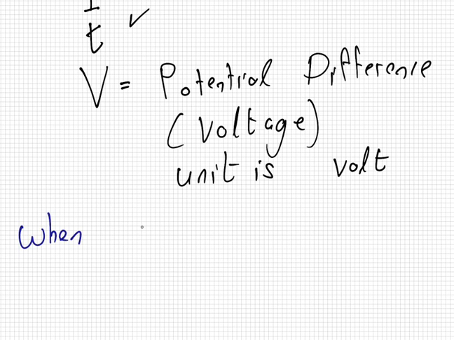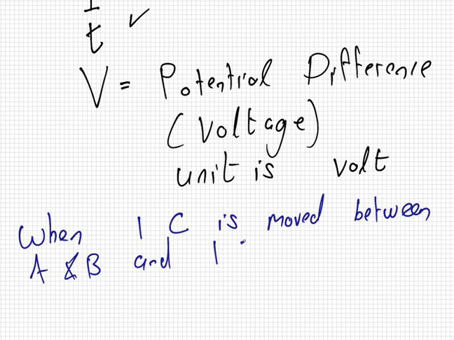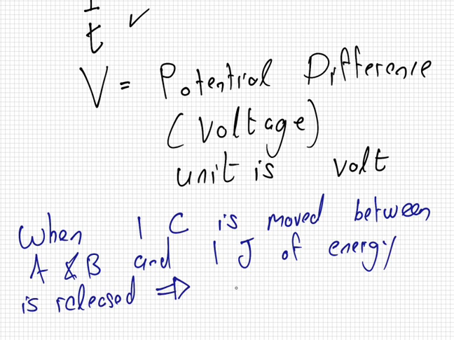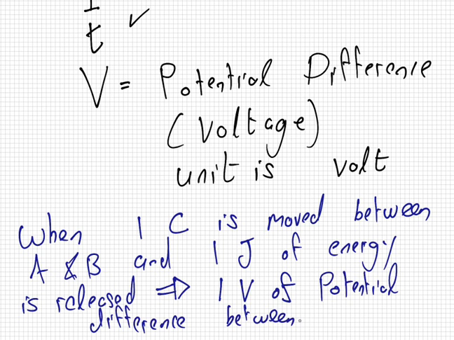When 1 coulomb is moved between A and B, and 1 joule of energy is released, that means there is 1 volt of potential difference between A and B. So in other words, if you take 1 coulomb from A to B and you can make 1 joule of work, then we say that there is 1 volt between A and B.